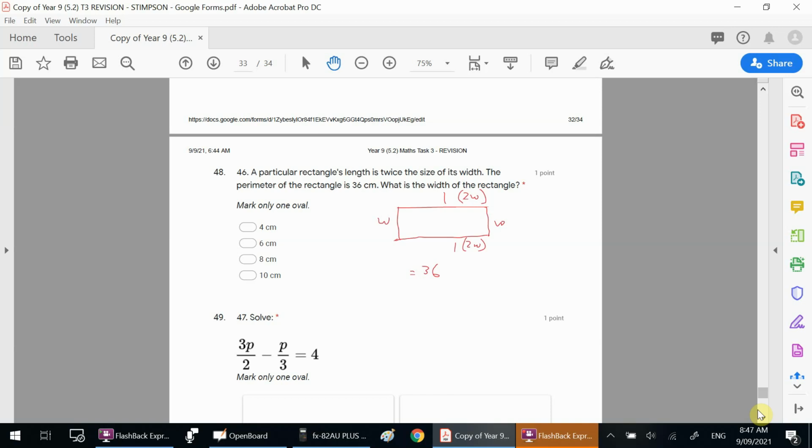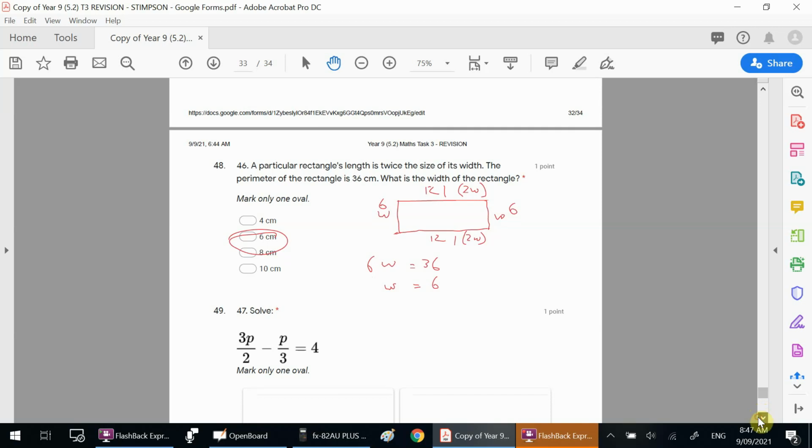So we can have, how many widths are there? 1, 2, 3, 4, 5, 6. 6w equals 36. Divide by 6. The width is 6. Let's see if that works. Width is 6. Length is 12. 12, 18, 36. Okay.